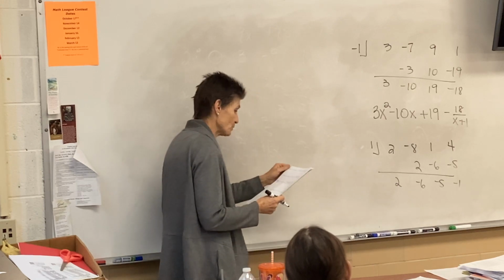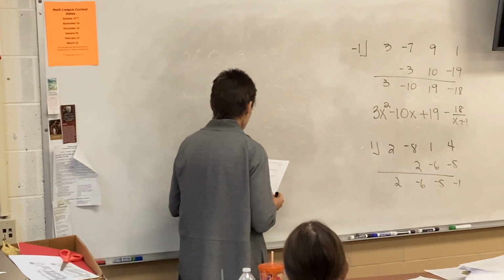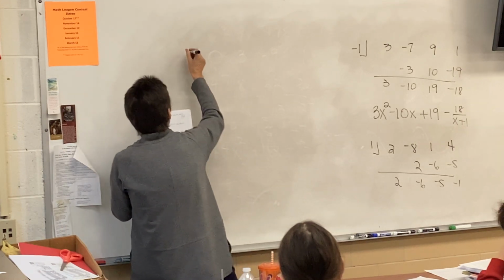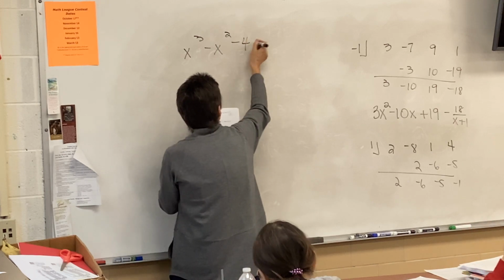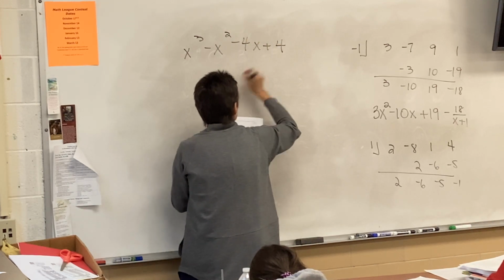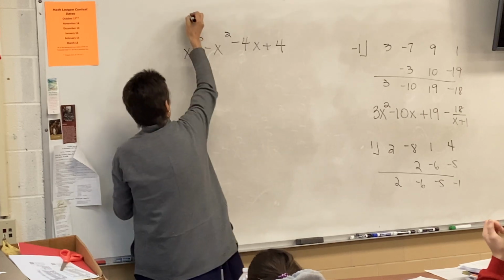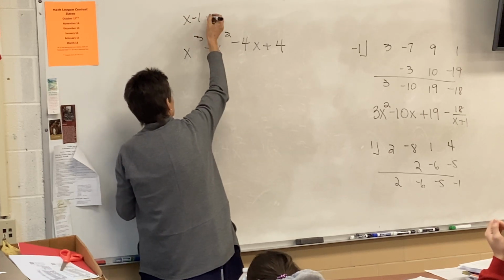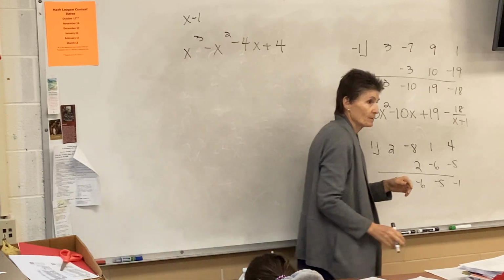All right, here we go, number 6. Is x minus 1 a factor of this? So we have this polynomial, and we're wondering if x minus 1 is a factor of it.